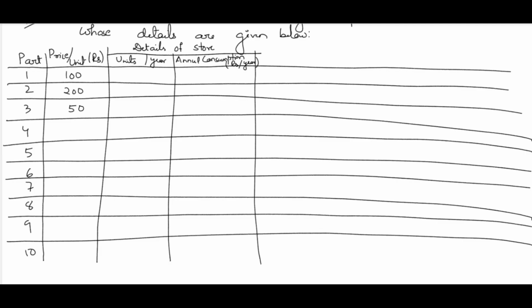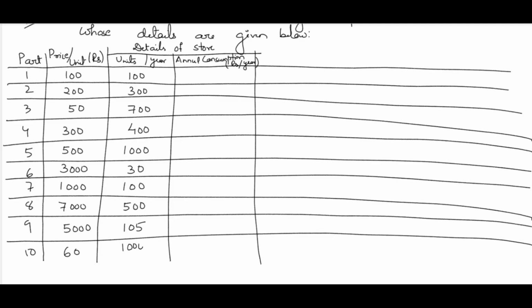For part number 1 we have unit price 100 rupees per unit, and number of units required is 100.